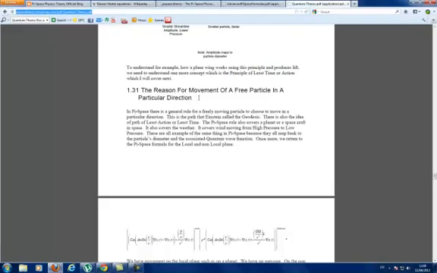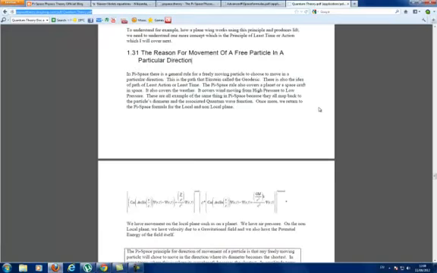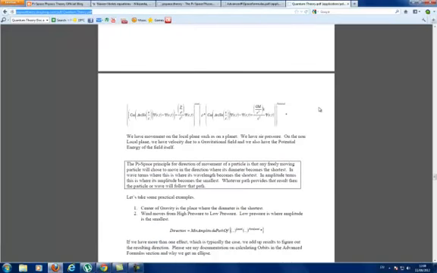This is the principle of least action. Richard Feynman went on about it at great length. He understood the core importance of this. I have the rule for why something moves towards a particular direction.